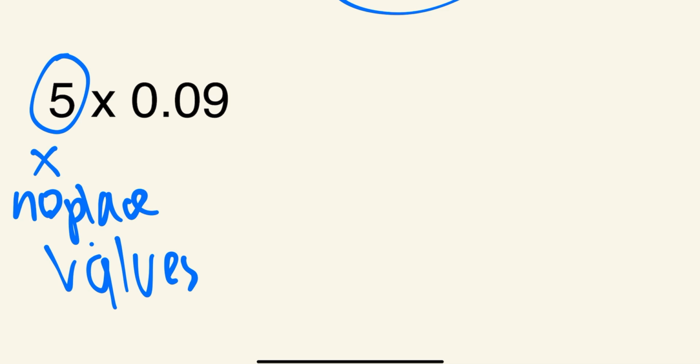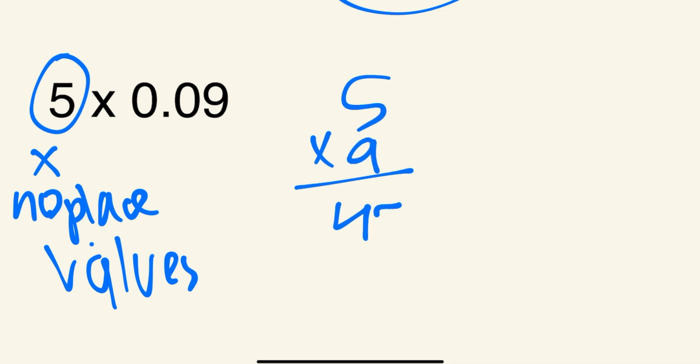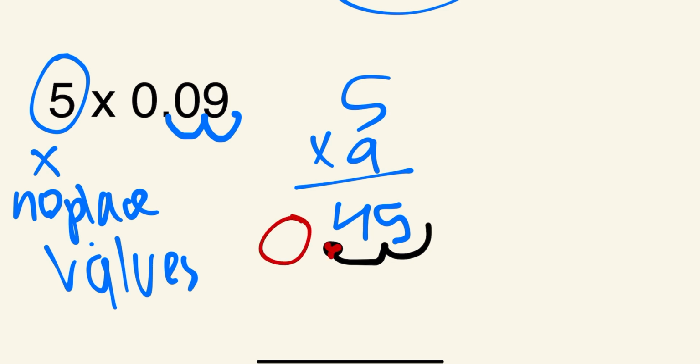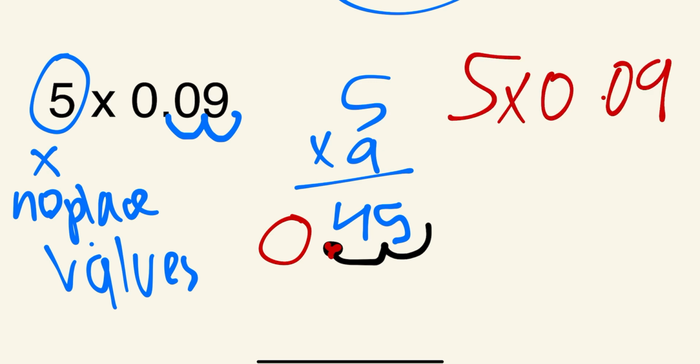So the whole number times a decimal. 5 times 9 basically, which is 45. Now you're going to move how many places it moves here. 1, 2. So it's going to be 2 places. So let's move it 1, 2. And this is where the decimal point is going to be placed. And then another 0. So 5 times 0.09 equals 0.45.